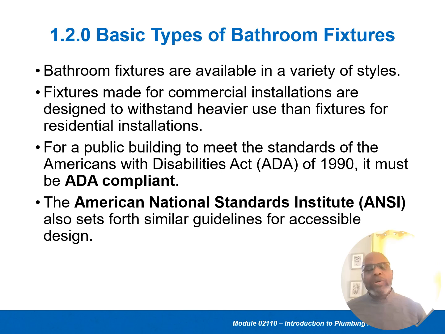Matter of fact, there's more than one organization that deals with the plumbing industry that sets the standards and regulations of how things are used and installed. But the American National Standards Institute sets forth similar guidelines for accessibility and design. So it would be ADA compliant, it would be ANSI compliant also.